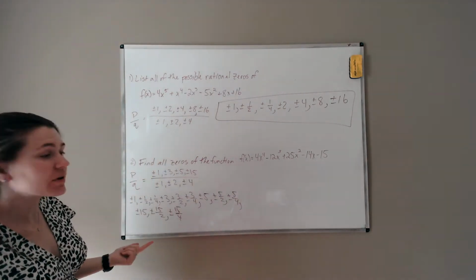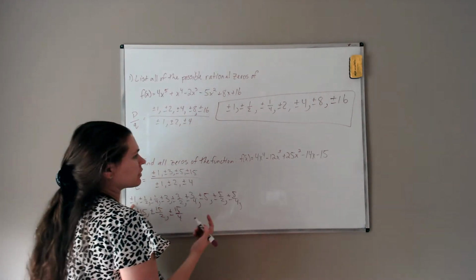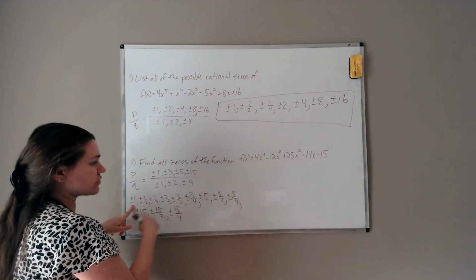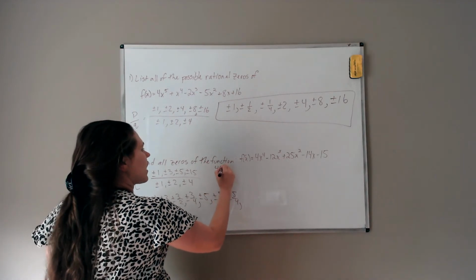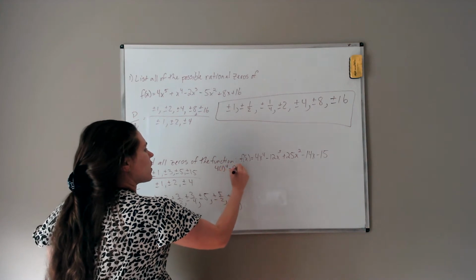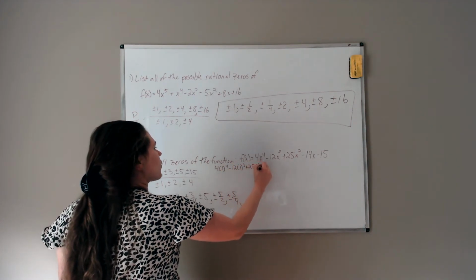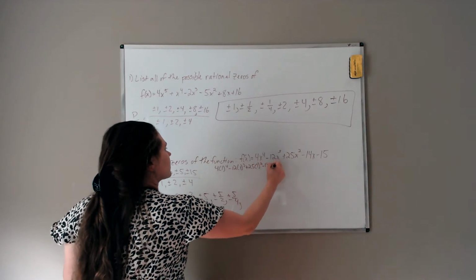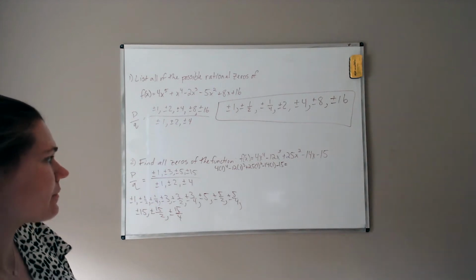So, what we start doing is plugging all of these rational zeros in. I start by plugging in 1. So 4 times 1 to the 4th minus 12 times 1 to the 3rd plus 25 times 1 squared minus 14 times 1 minus 15. I'm going to see what that gives me.